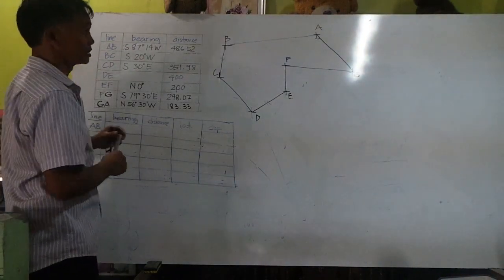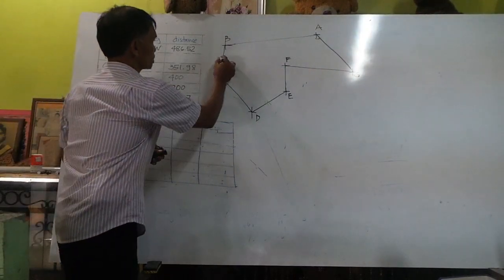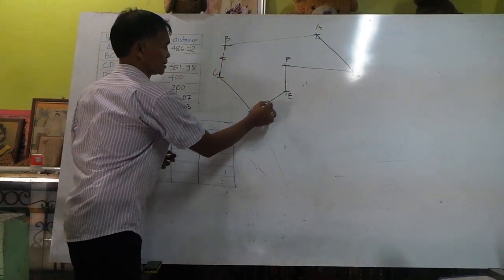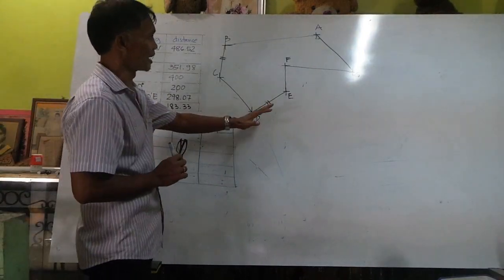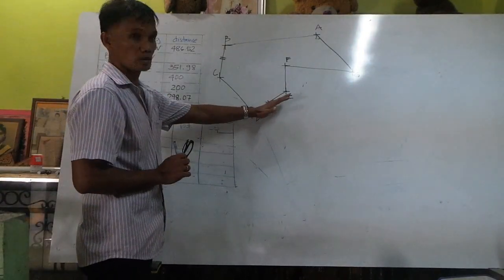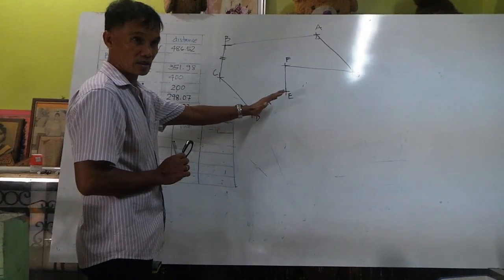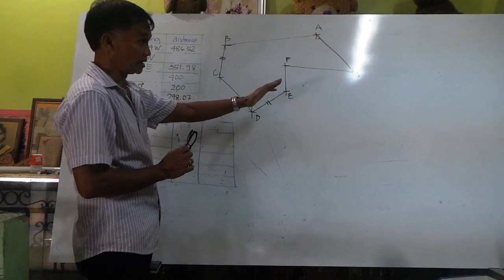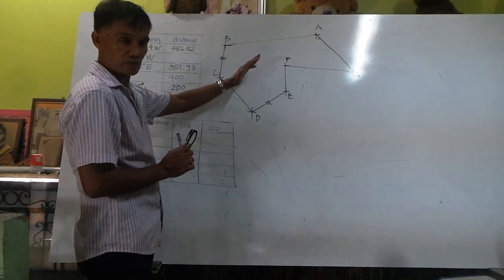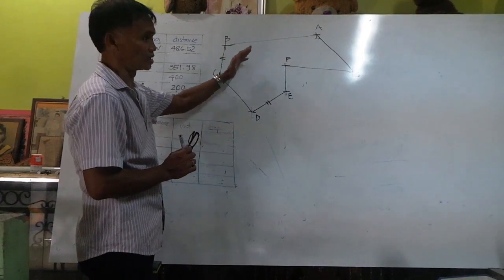Now, to solve the missing data, first, you have to move one of the lines so that it will become adjacent to the other line, moving it in the same direction.